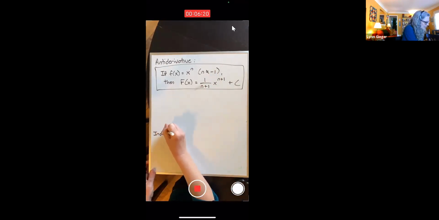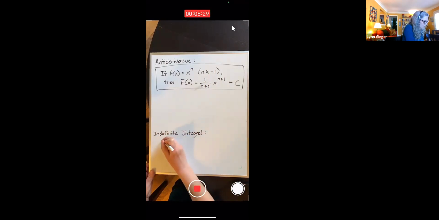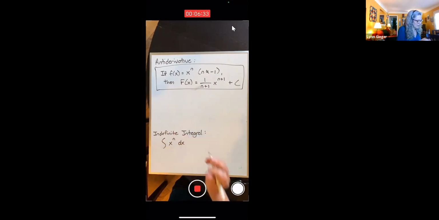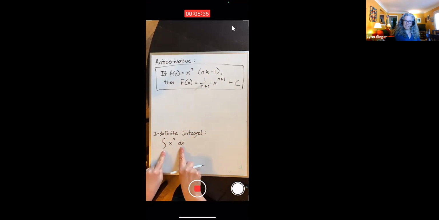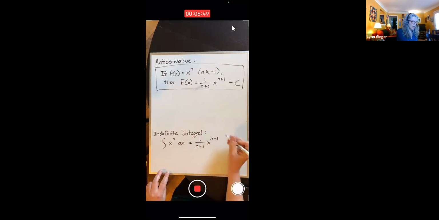The exact same shortcut as an indefinite integral would read like this. So there's my squiggle and my dx surrounding the integrand of x to the n, and the result of performing that indefinite integral operation is the antiderivative right there.